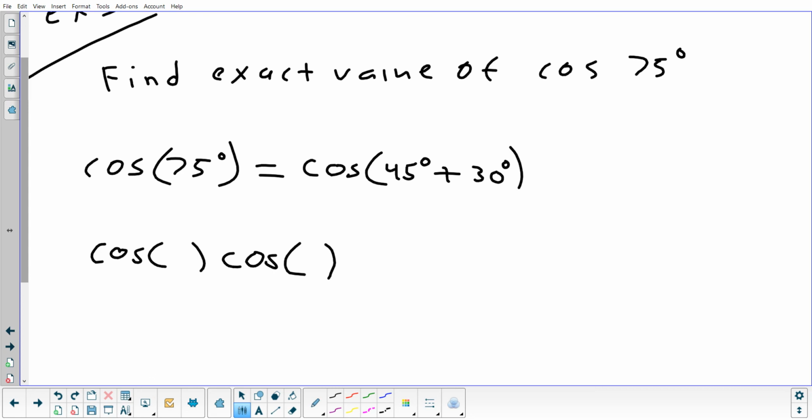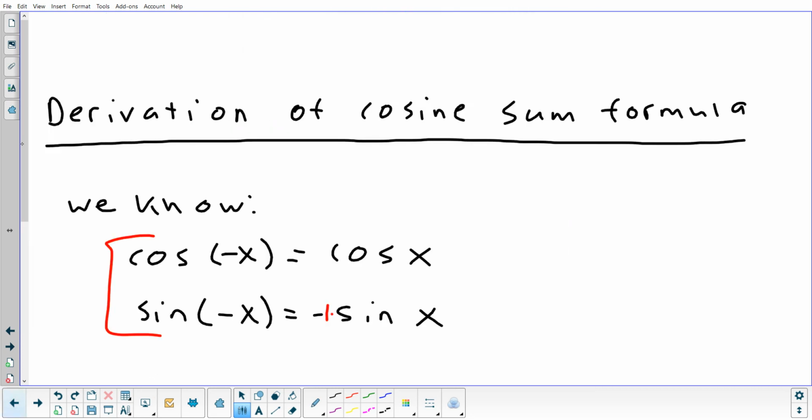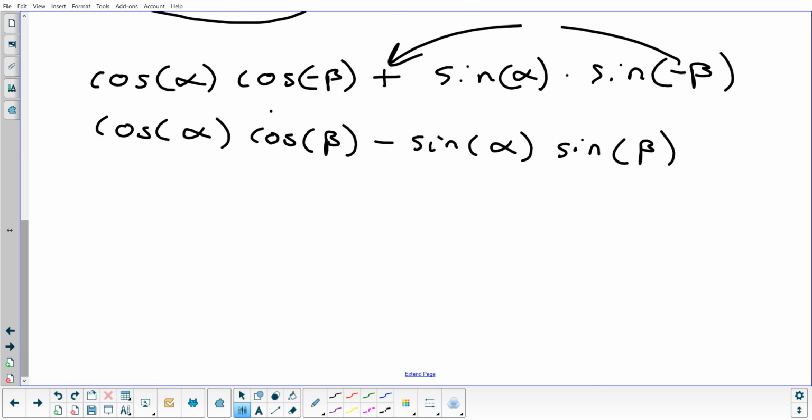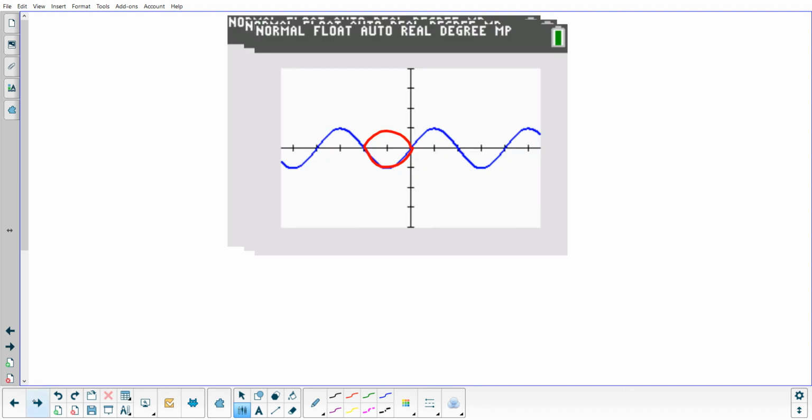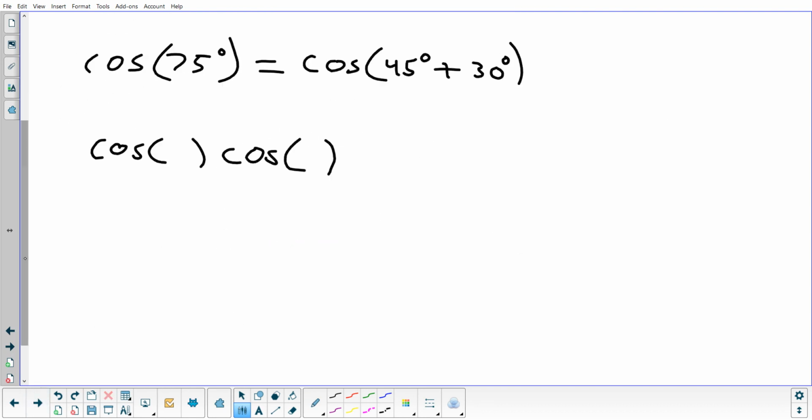I'm not sure. So let's go back to our cosine sum formula. So what I'm asking for is for you to tell me this. But you don't have to fill anything in for the arguments. So it's cosine, cosine, minus sine, sine. That's the pattern. Cosine, cosine, minus sine, sine. We'll go back after and fill in angle, angle, and then the other angle and the other angle. All right, so we've got cosine, cosine, minus sine, sine.